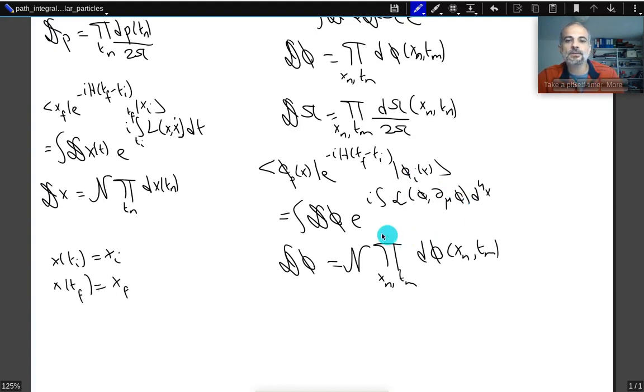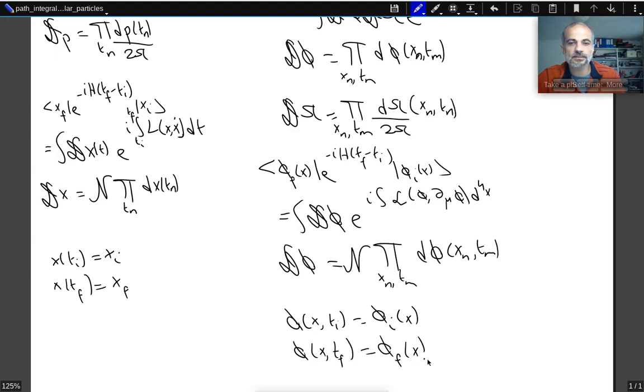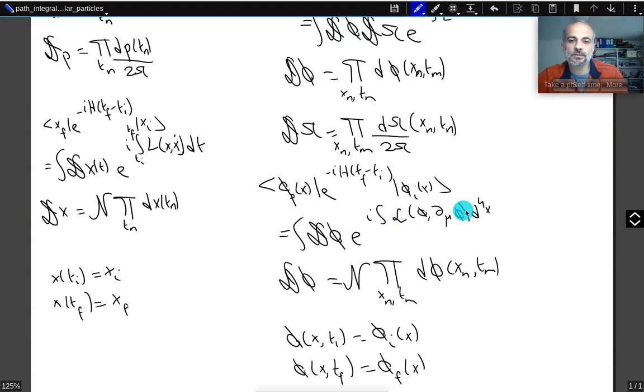Similarly, in the field theory case, when we are summing over all these possible field configurations, the restriction is that the field configuration at Ti is given by phi i of x, and the field configuration at the time Tf is given by phi f of x. So this is just the analog of the expression over here, generalized to fields.